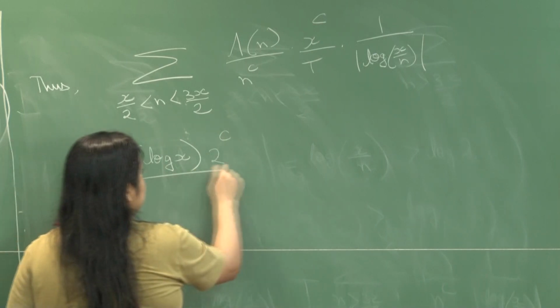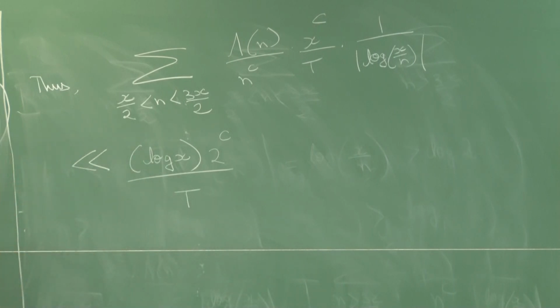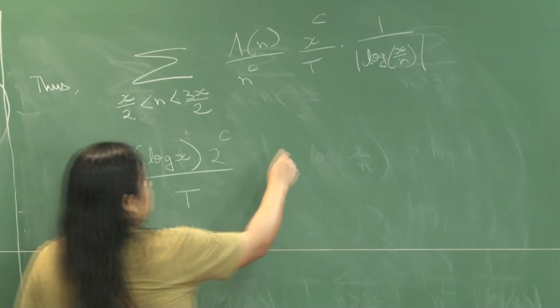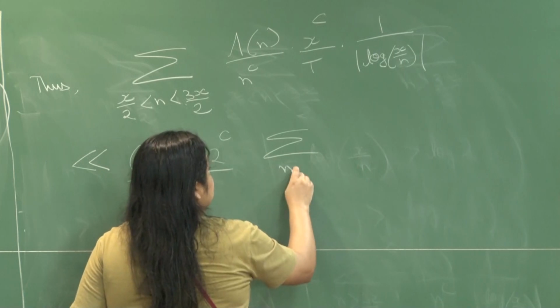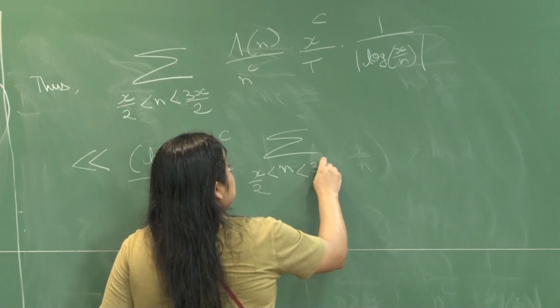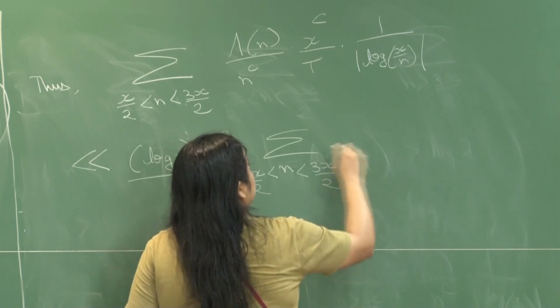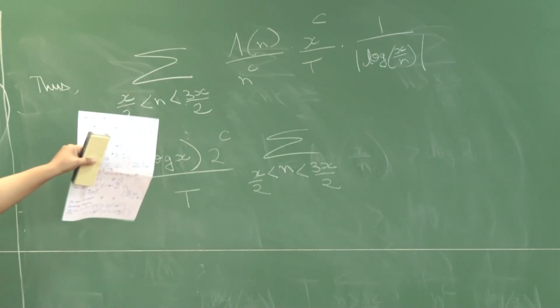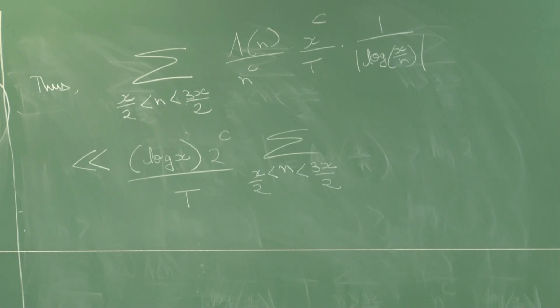And you have, of course, over capital T times the summation n running between x by 2 and 3x over 2, 1 over the absolute value of log of x by n, which is bounded above by x over the absolute value of x minus n.